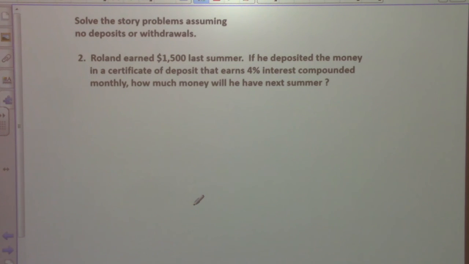It's the same thing as number 1, but you put .04 in place of r, and you put 12 in place of n, and then 1,500 for your principal. Everything else is the same. And also in this one here, we're talking about 1 year. So what is t going to be? 1, as in 1 year.